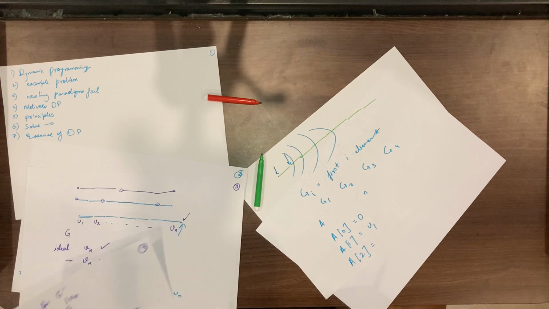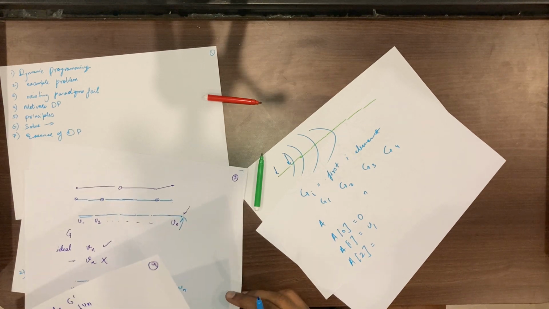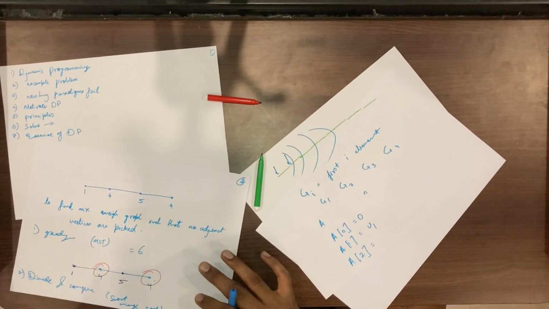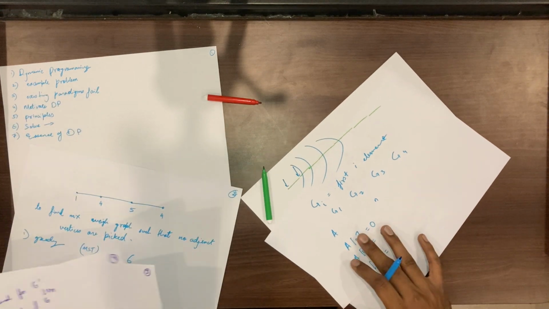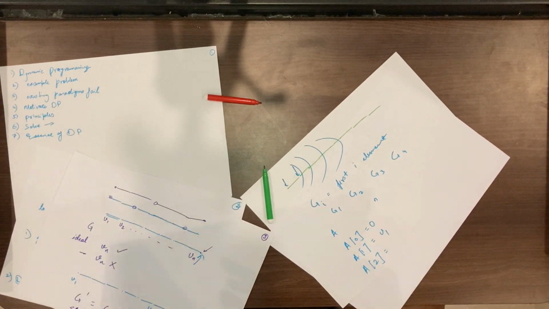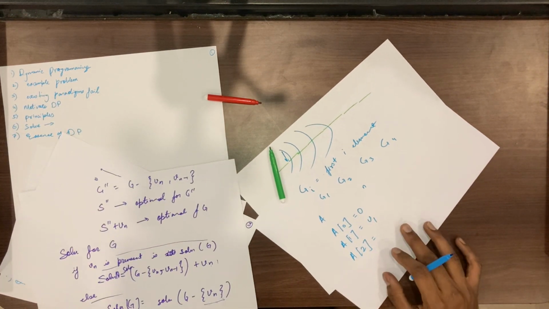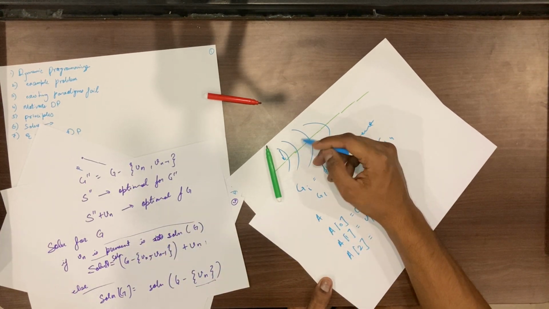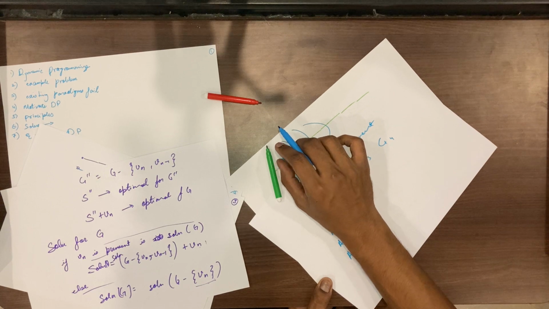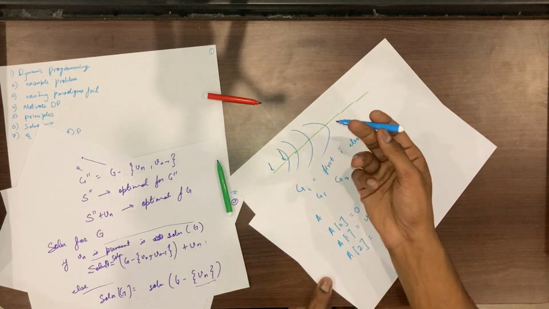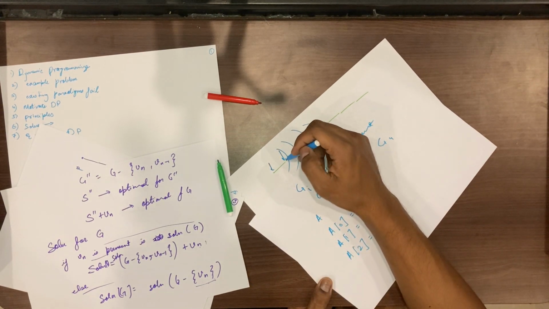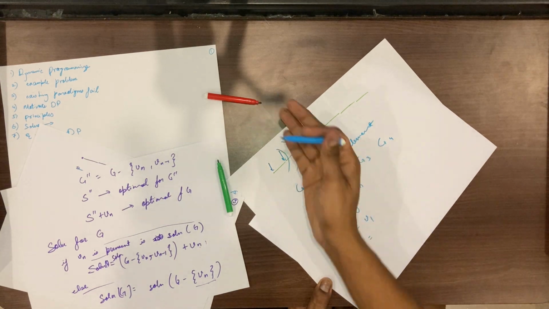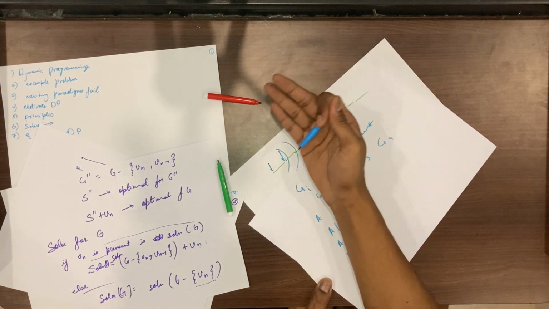So the cases were, let me just find them. I did write it in an if-else fashion somewhere. Yeah. If the last vertex is present, then remove the preceding two vertices, and whatever is the best solution for there, take that. If it is not present, then include the best solution just excluding the current vertex.